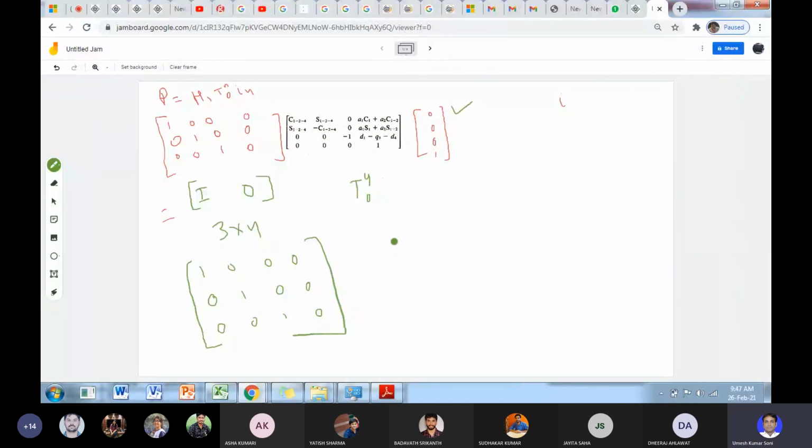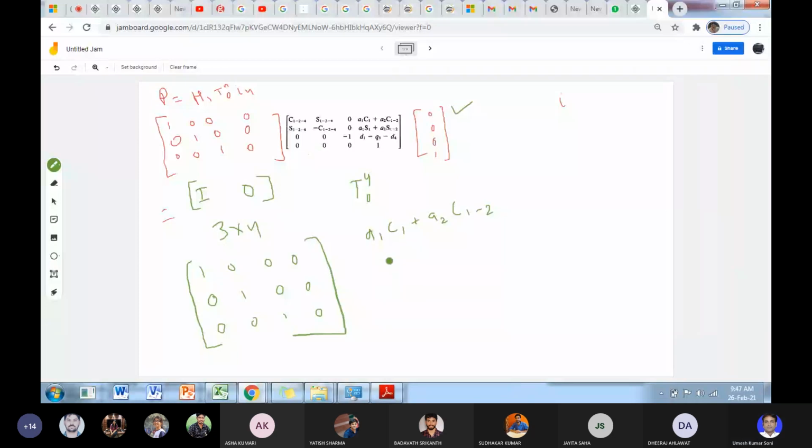Okay, so the first row is A1, the first column will be A1 C1 plus A2 C1 minus 2 only. Okay, see this becomes 0, its multiplication is 0, its multiplication is 0, this becomes 1.